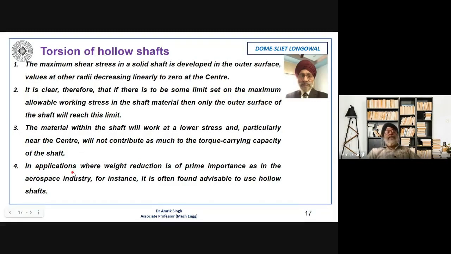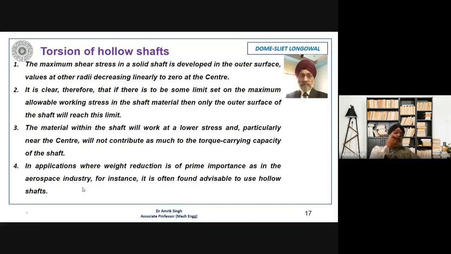In applications where weight reduction is of prime importance, as in the aerospace industry, for instance, it is often found advisable to use the hollow shaft. When the aircraft is flying in the air, we want to keep it as light as possible, but we have to transmit more power. So there are two things.